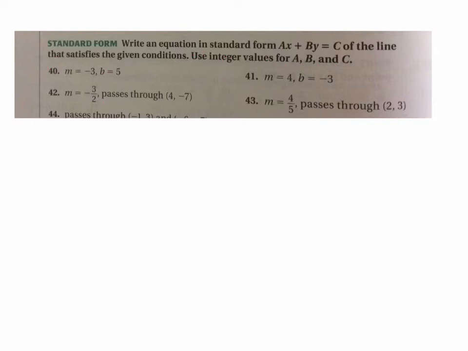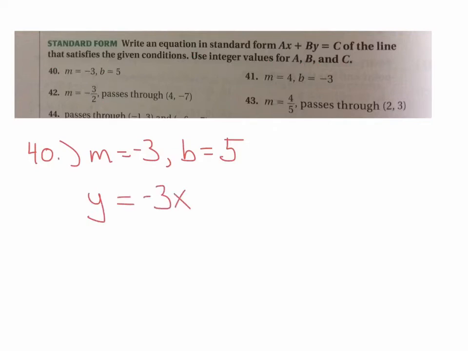So number 40, remember in our homework we copy the problem. And to start with, okay, they give me an m and a b. I'm just going to write the y equals mx plus b version of this equation.